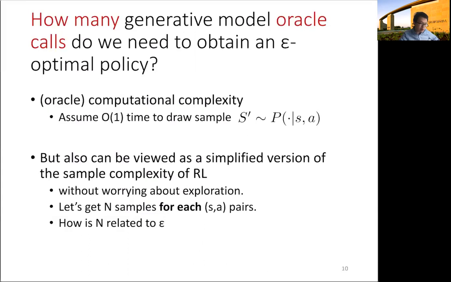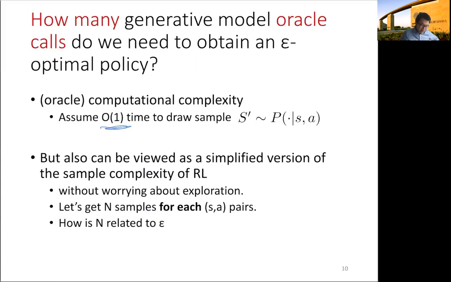They're closely related. If we assume that it takes order 1 time to draw a sample, to call this oracle, then the number of times we call this oracle is the computational cost, and the goal is to do better than, say, S squared times A polylog.